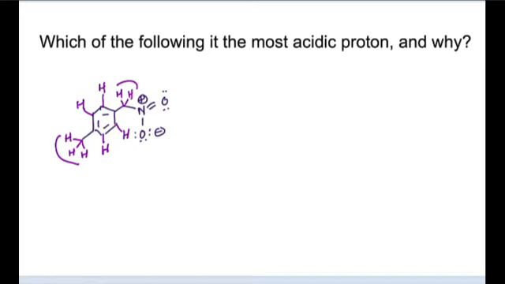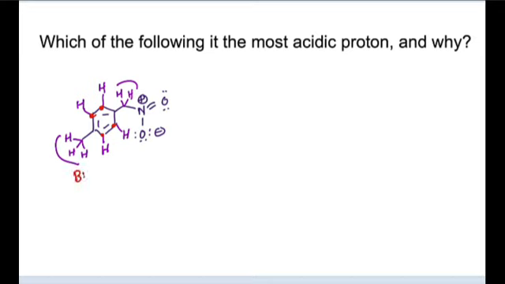What you'll find is that trying to abstract a proton directly off of the benzene ring is going to give a negative charge to one of these carbons that I've dotted in red, and that's really going to get you nowhere in terms of stability or resonance. We're putting a negative charge on an sp2 hybridized carbon, so this isn't going to give us a very stable conjugate base for sure.